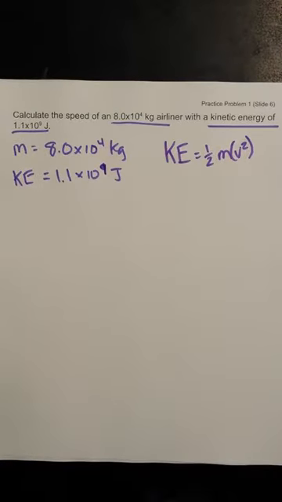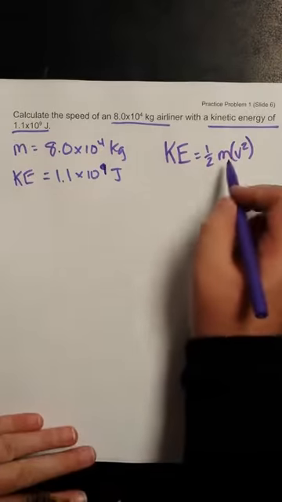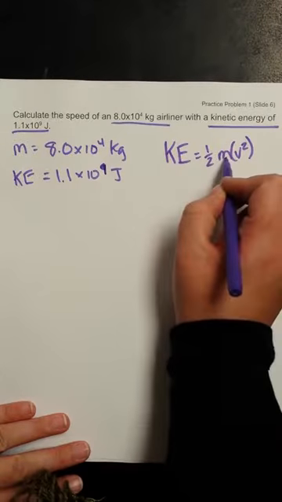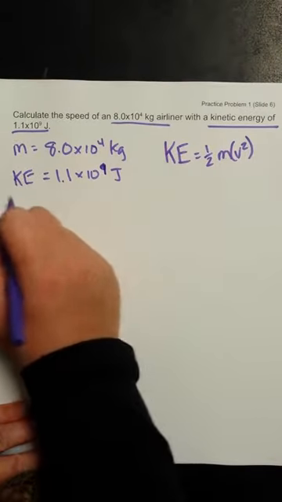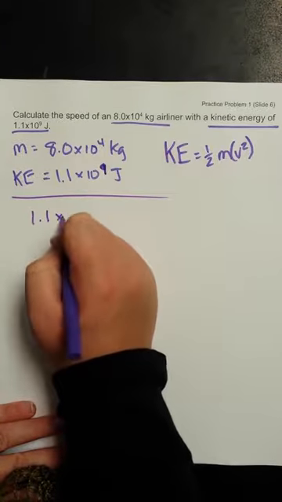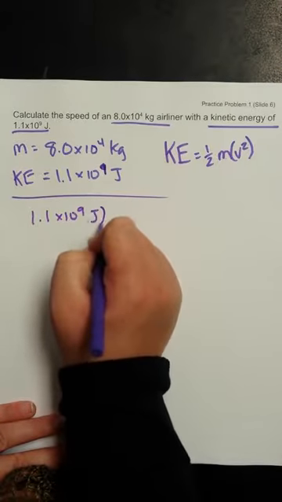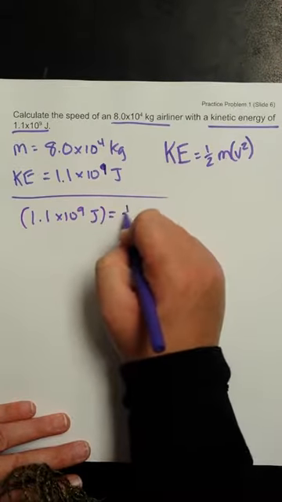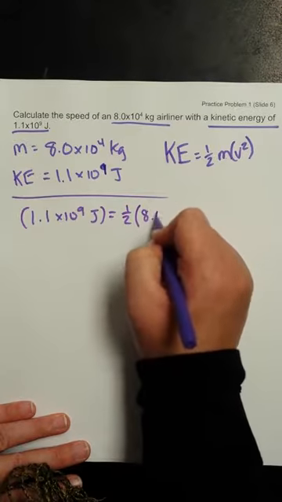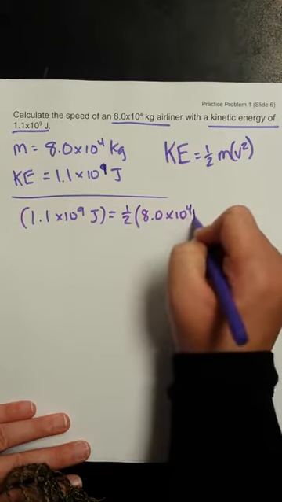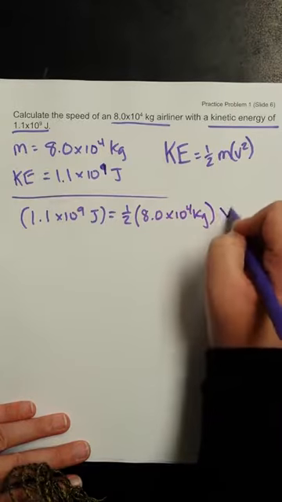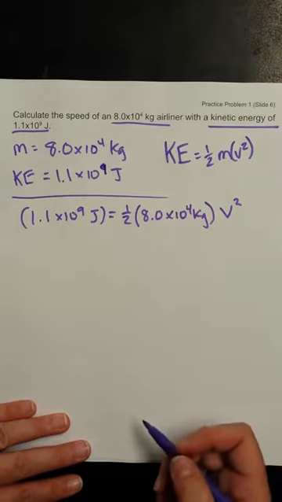Okay, and here we're going to plug in the information that we know. So we're looking for v squared. We know mass, we know kinetic energy. So I'm going to write 1.1 times 10 to the 9th joules is equal to 1/2 times 8.0 times 10 to the 4th kilograms times velocity squared, or speed squared.